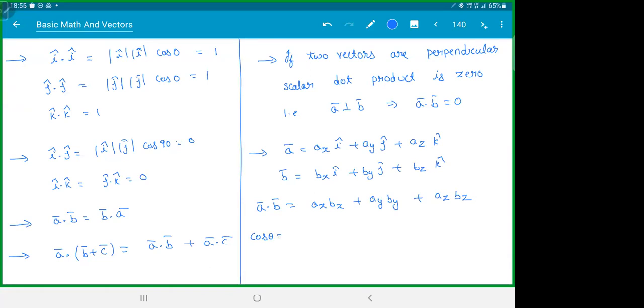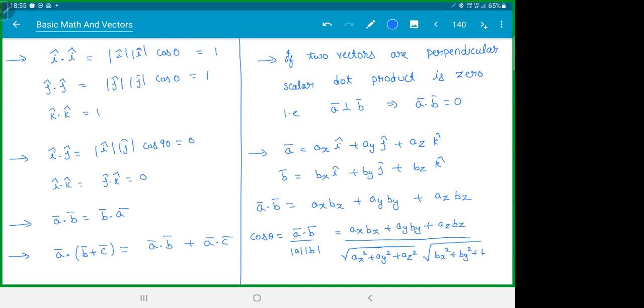And we know from the dot product, cos theta is A bar dot B bar by mod A mod B. Whenever you have to find the dot product, simply multiply the I components, J components, and the K components, because the unlike terms will always be 0. So A dot B is AX BX plus AY BY plus AZ BZ, divided by mod A, the magnitude of vector A bar, which is square root of AX square plus AY square plus AZ square, times the magnitude of the B vector, square root of BX square plus BY square plus BZ square.